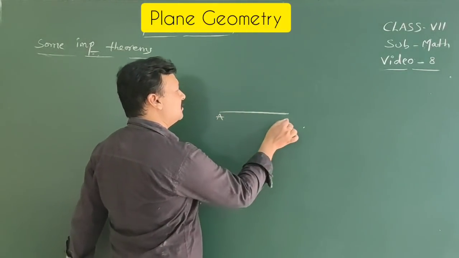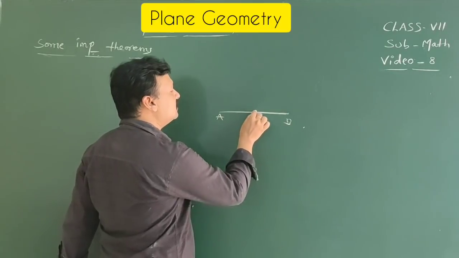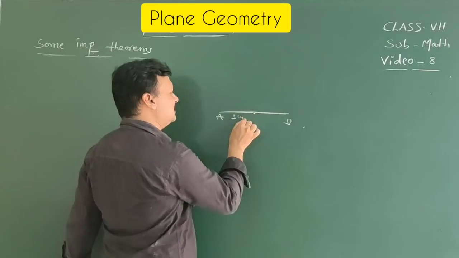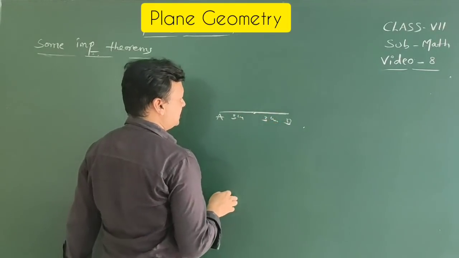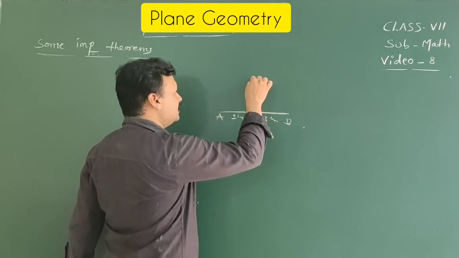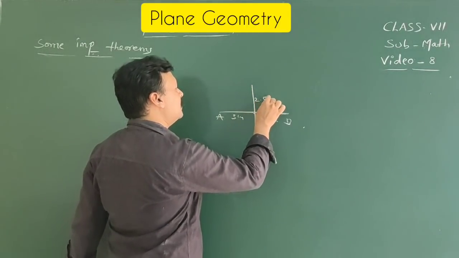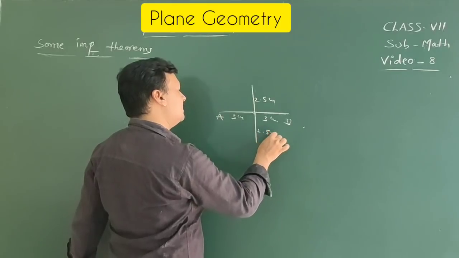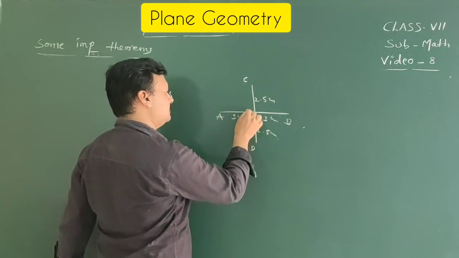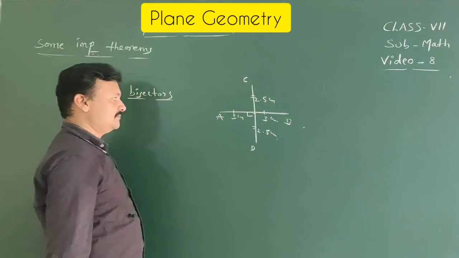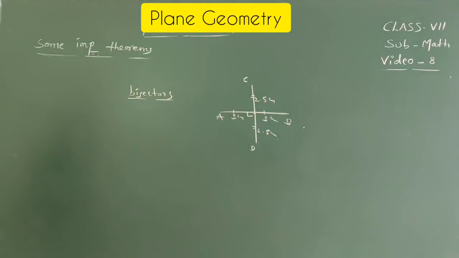Equal and perpendicular bisector means here AB is 6 centimeters, so 3 centimeters and 3 centimeters. CD, for example, is 5 centimeters, and they give me 2.5 and 2.5 centimeters. This is an equal and perpendicular bisector.